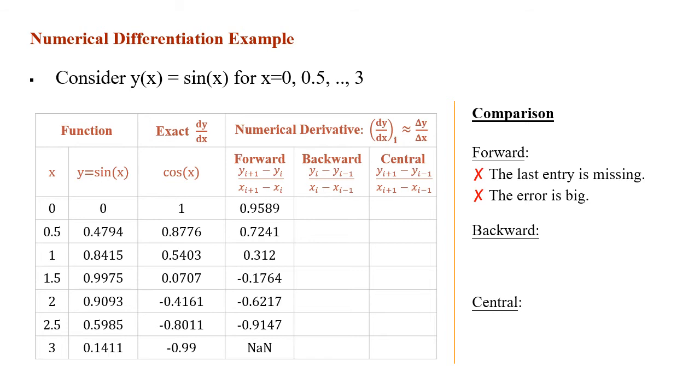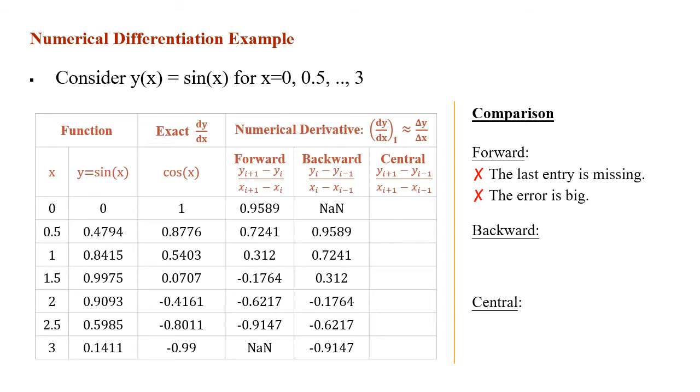Now with the backward difference, we're going to also apply the formula for the backward difference derivative, such that we take the point and compare it with the point that precedes it. Notice that for the backward difference derivative, the first point doesn't exist, since we don't have any point above x is equal to 0 for the given set of data points.